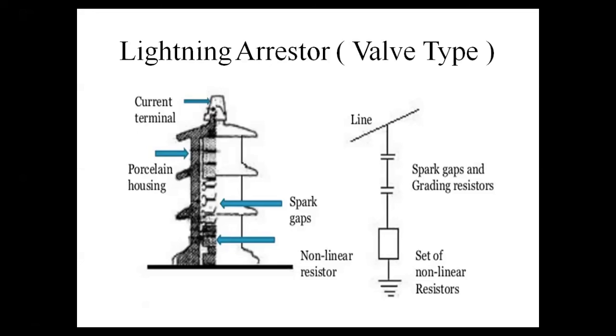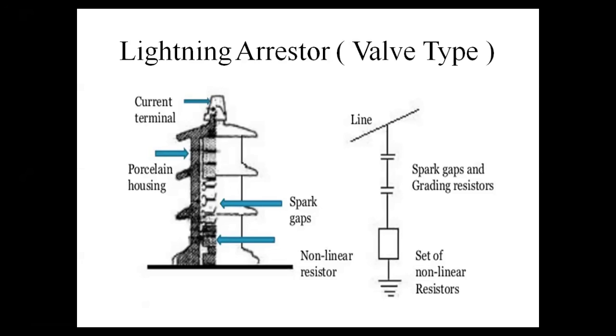Let us see the working of this lightning arrestor. Under normal condition, the normal system voltage is insufficient to cause the breakdown of the air gap assembly. So we have a sparking gap.